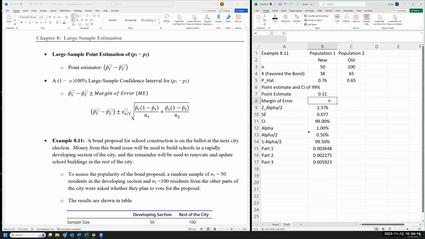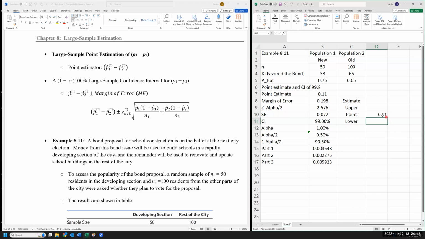And then the margin of error is standard error times z of alpha divided by 2. So this is the margin of error. So then our estimate is upper, point, lower, and the point we've already estimated as 11%.